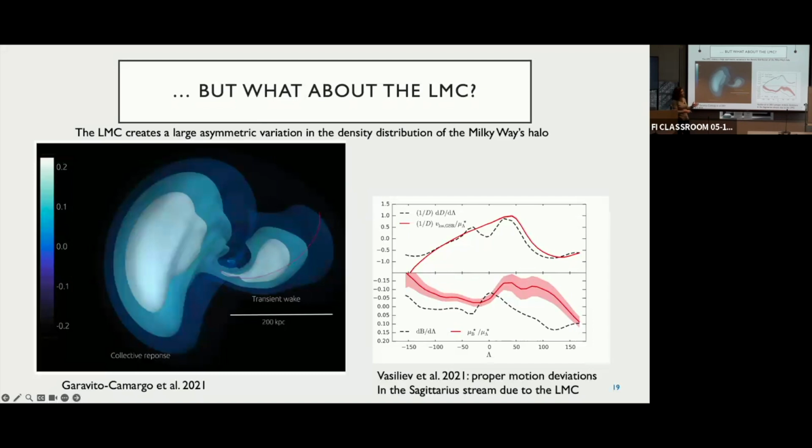These are the deviations for the Sagittarius stream, and in Eugene's models, he was able to account for these completely by considering the effect of the LMC. There's also been other work by Dennis Urkel, which shows that the LMC produces the same kind of perturbations to the Orphan stream.